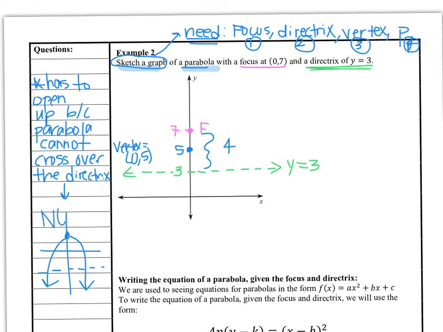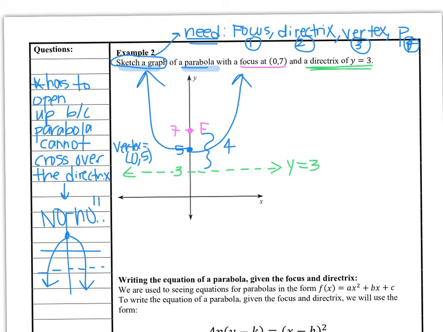So this is a no-no. It's always got to open away from the directrix. So when I draw my parabola here, I'm going to start at the vertex and go up that way and that way. Okay? So one more thing we have to note is our p-value.